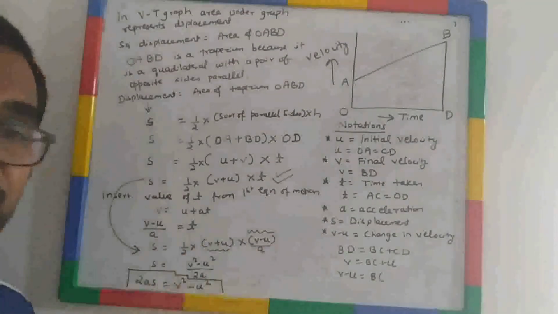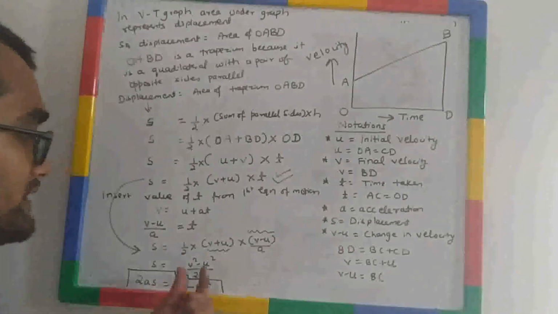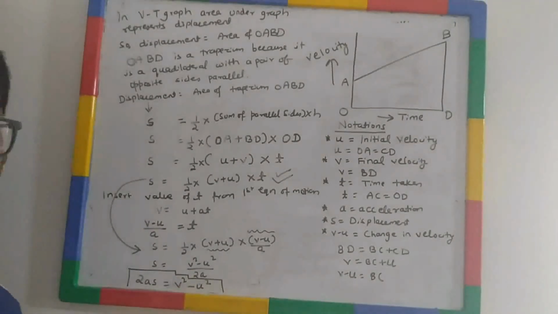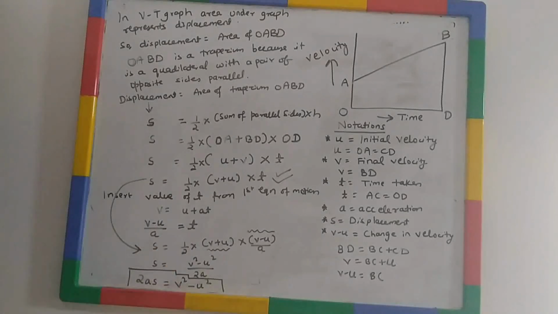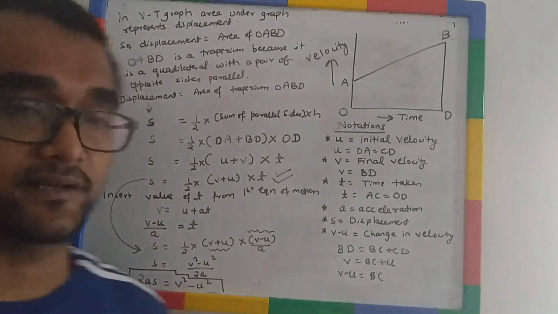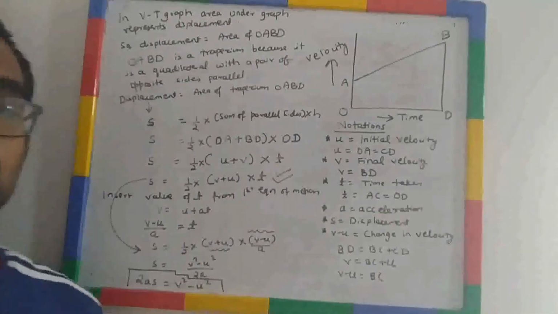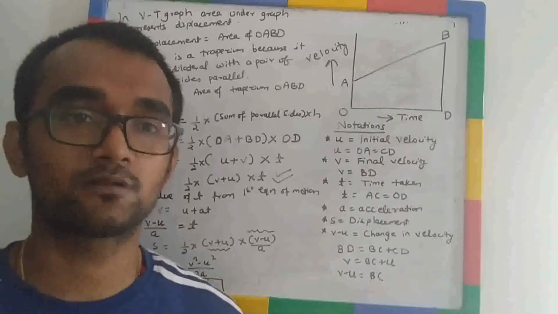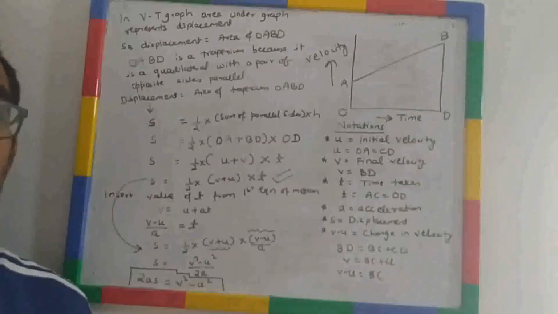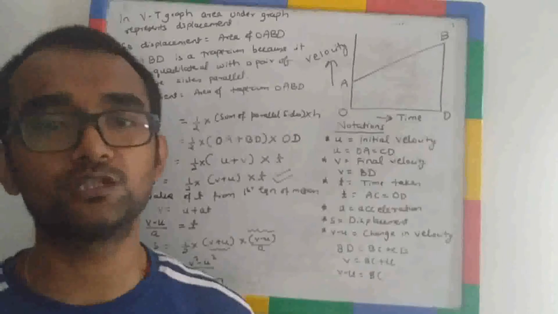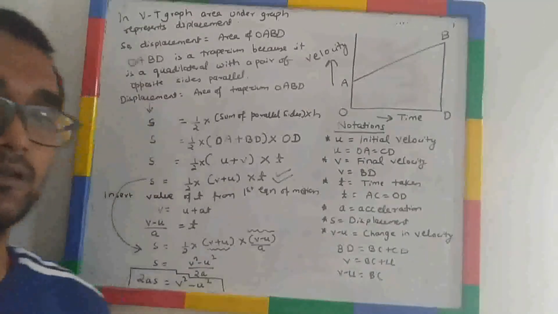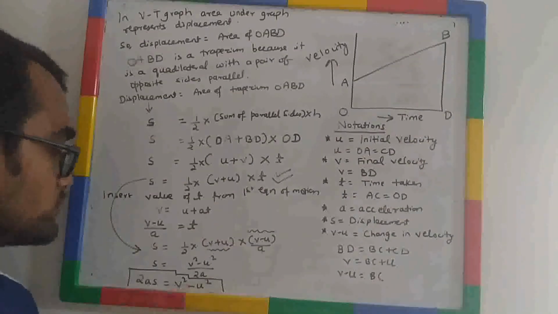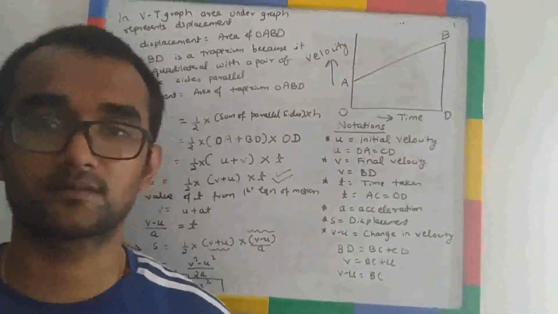So from that identity, I got v square minus u square. Now friends, I have derived all the three equations of motion, which were v is equal to u plus at, second one s equal to ut plus half at square, and the third one v square minus u square is equal to 2as.